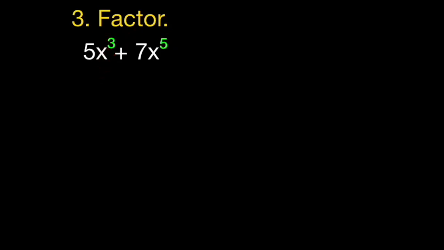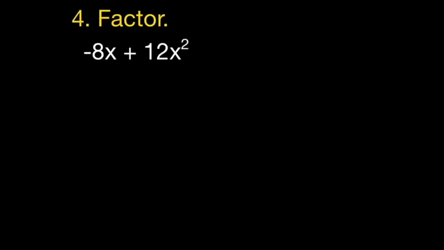So here I'm going to factor out the x to the 3rd power, leaving me with a 5 plus a 7x, and now we subtract 5 minus 3, leaving us with 2 copies of x, or x to the 2nd power.